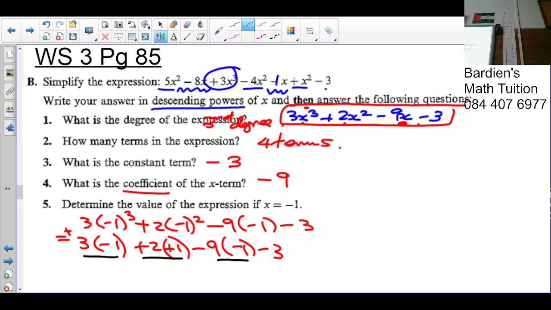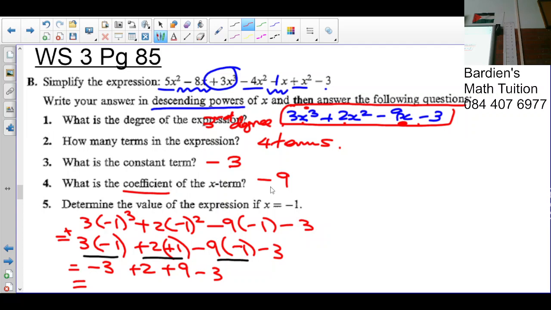What is positive 3 times negative 1? Negative 3. What is 2 times 1? 2. What's negative 9 times negative 1? Use the calculator, not your head.